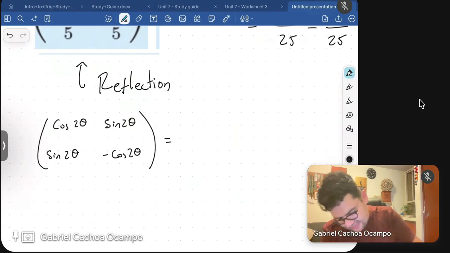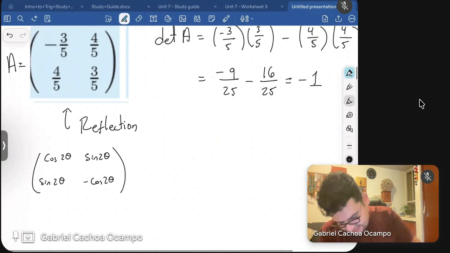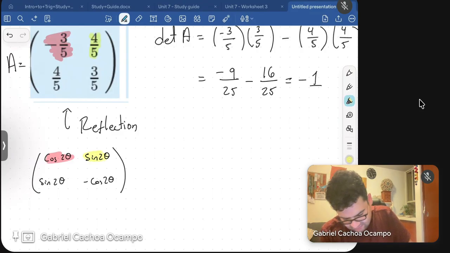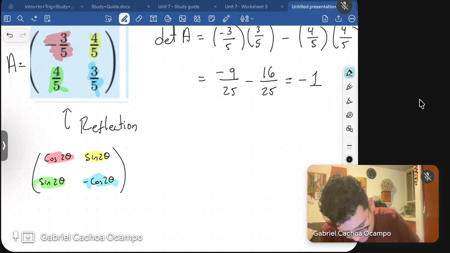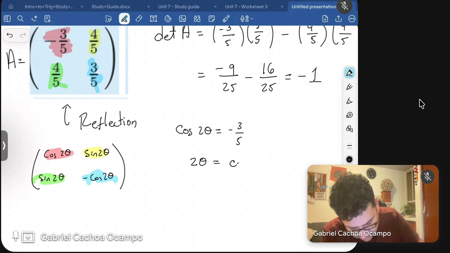So, again, I can do the correspondence between this and this, between this and this, and between this and this. So I can write an equation: cosine of 2 theta equals to -3/5.